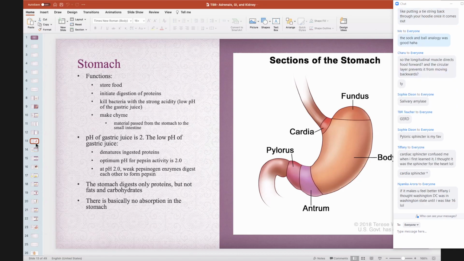If we didn't have a thick mucus lining, there would be a lot of spots along the stomach lining where the acid would eat away at it. There are some nonpolar substances that can be absorbed through that mucus lining, including NSAIDs like aspirin, and alcohol. So there are a couple of things that can be absorbed through the stomach lining.